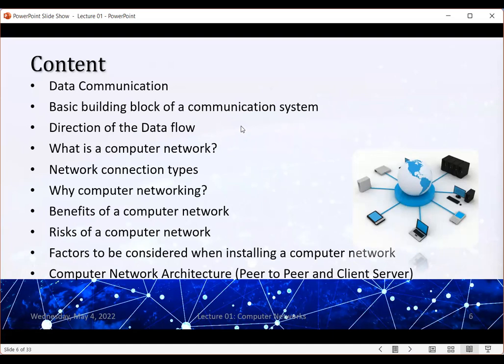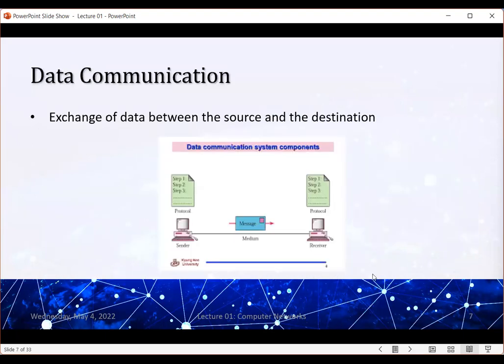With that, we will learn what is a computer network and computer network types. And if you want to suggest a network solution for an organization, what are the factors to be considered? We will learn these things today. Okay, so I'll start from the beginning, from scratch.